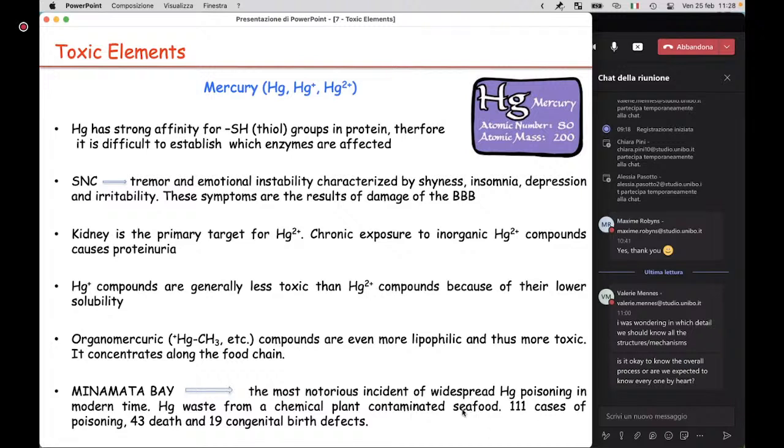And of course, along the food chain, the fishes, in particular tuna, which are very large fishes, and through tuna also people. When something concentrates along the food chain, usually the main victims are humans, because humans are at the top of the food chain in many cases.